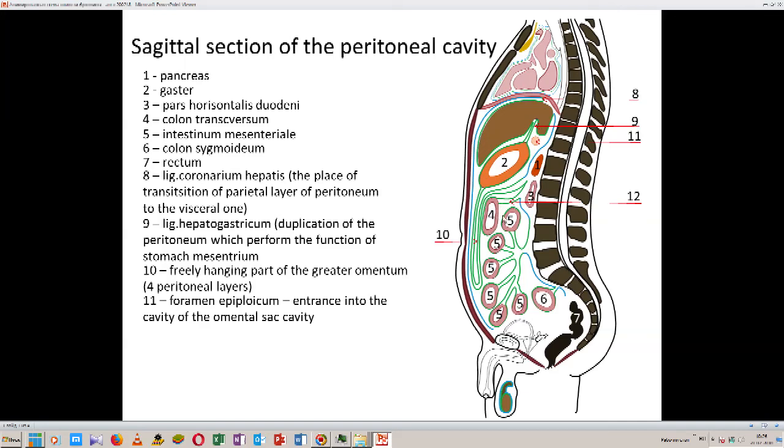What is it? Number 12. It's mesocolon transversum. You know that mesocolon transversum is also a two-layer structure of peritoneum, which holds the colon transversum.